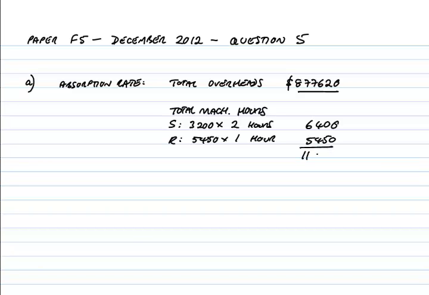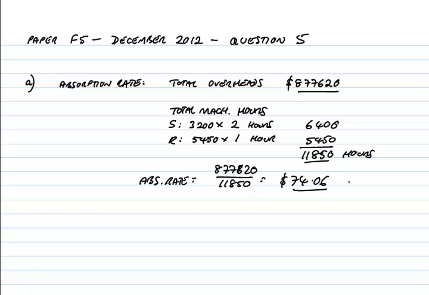So the total hours 11,850, and therefore the absorption rate, divide the cost, 877,620 by the hours, 11,850, and it gives us $74.06 per machine hour.